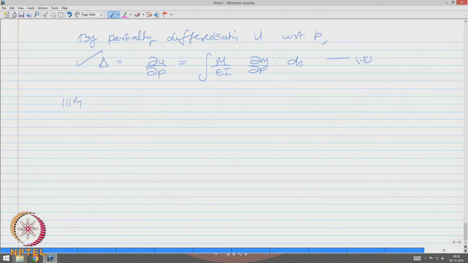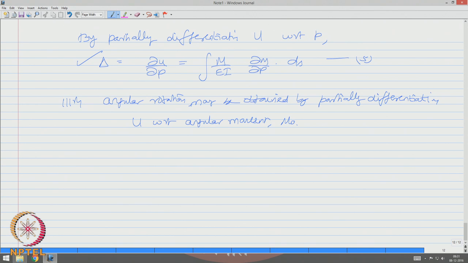Similarly, the angular rotation may be obtained by partially differentiating U with respect to angular moment M naught.